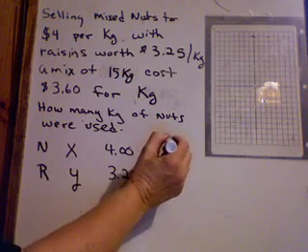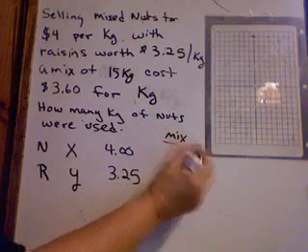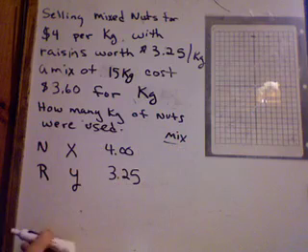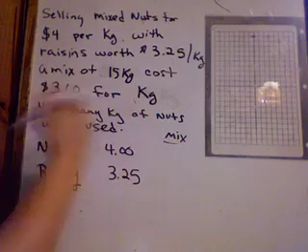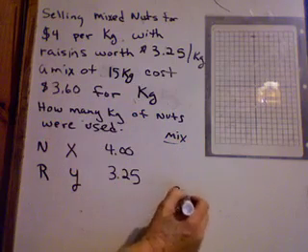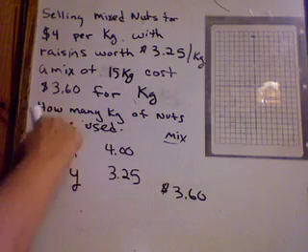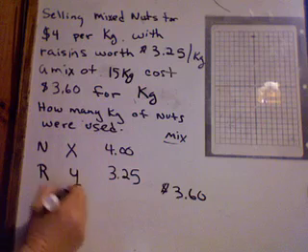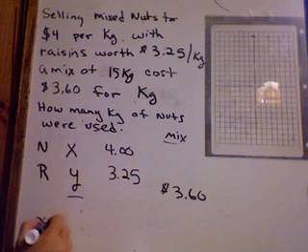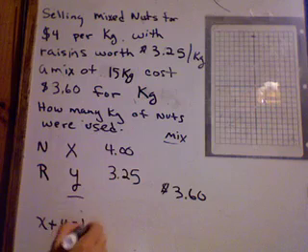And we know that we're going to have a mix that sells for, what was the mix selling for? $3.60. Now, we know that we have 15 kilograms, so the first equation, x plus y equals 15, will work.